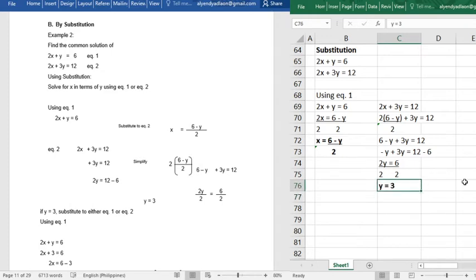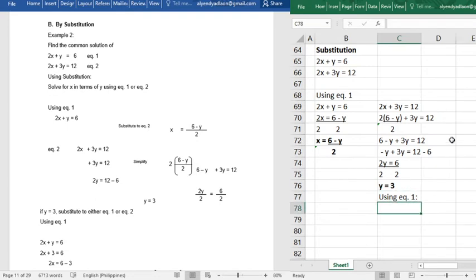So class, our y is 3. So how much is our x? We will now substitute the 3 into either the first or the second equation. To make it easy, let us use equation 1 because it is the shorter equation compared to equation 2.